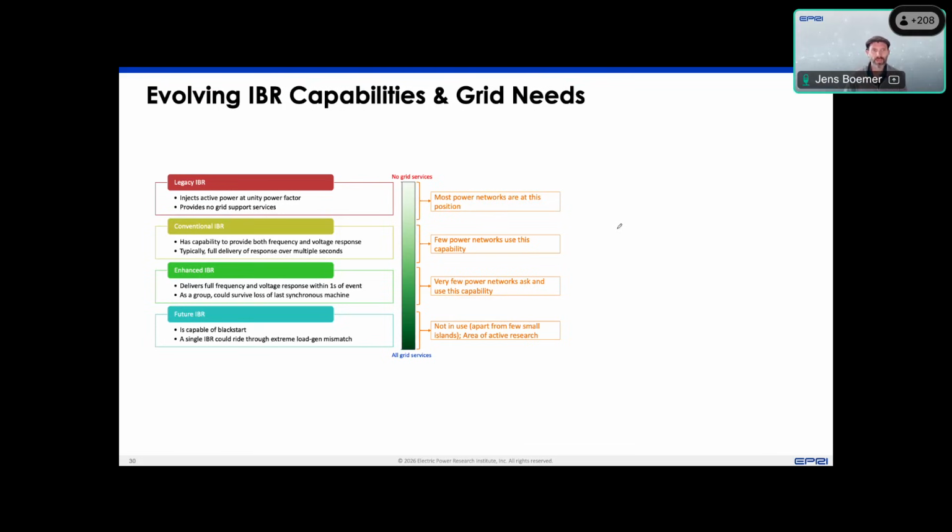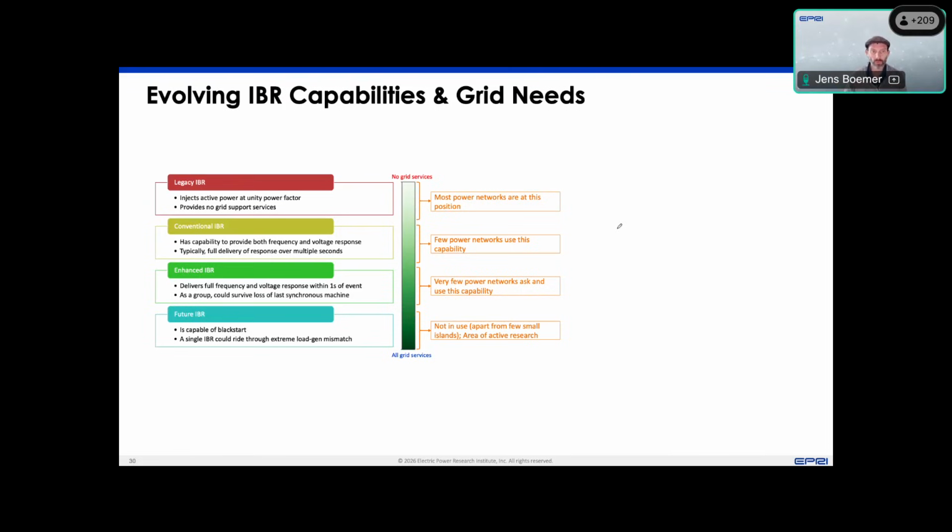More enhanced IBRs, we would consider those technologies and releases that are capable of providing full frequency and voltage response within, and we just pick an arbitrary value here, 1 second of an event.